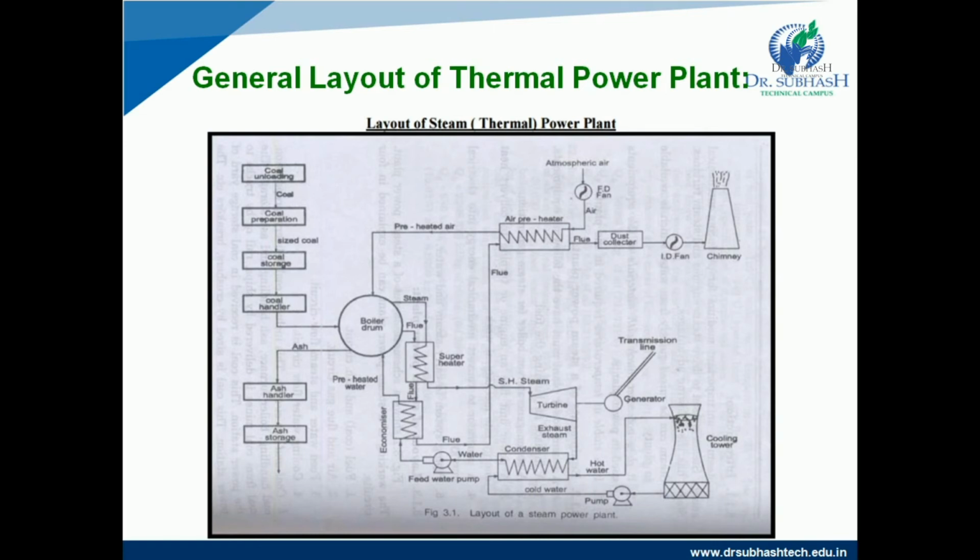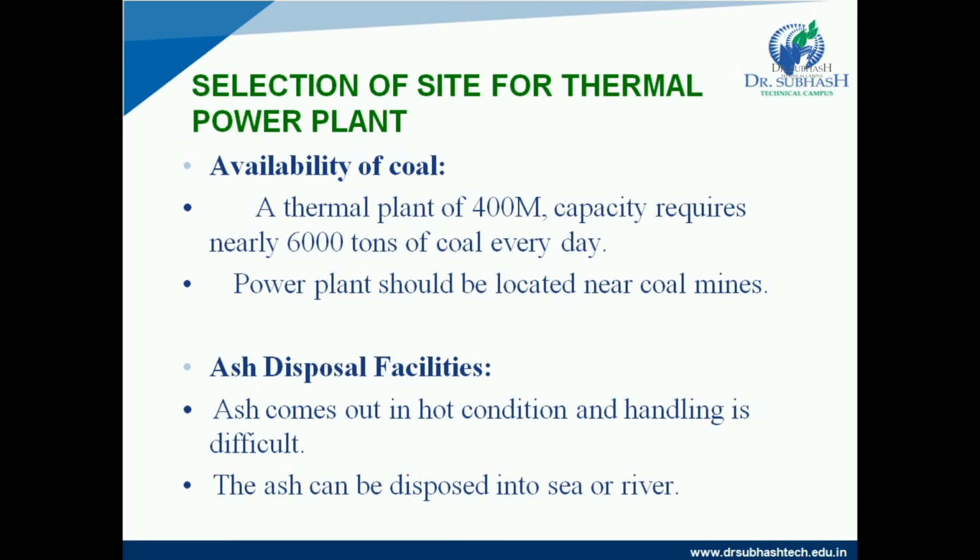Now we will discuss selection of site for thermal power plant. Availability of the coal, first of all, because coal is what we are using as a fuel in the thermal power plant. So without that we can't run our steam or thermal power plant. So first of all we have to think about the availability of the coal.